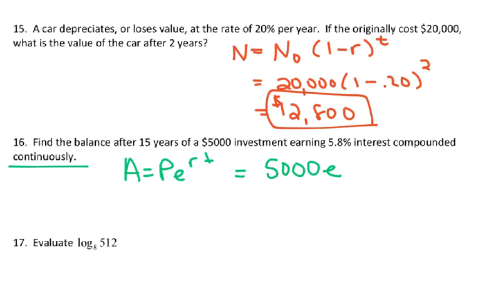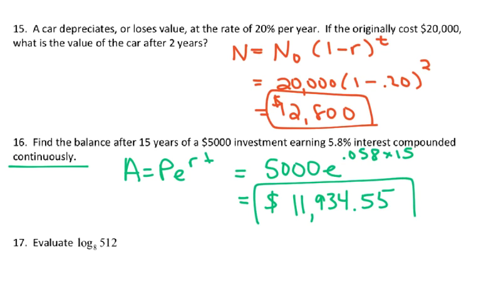E raised to the r, which is 0.058, and the time is 15. When you plug that in your calculator and you round it to the nearest penny, you should get $11,934.55.